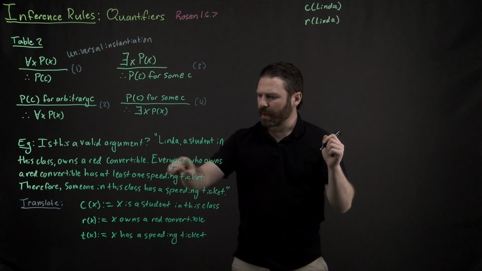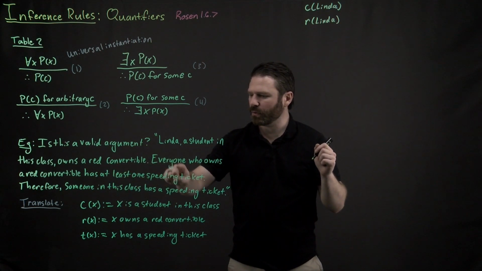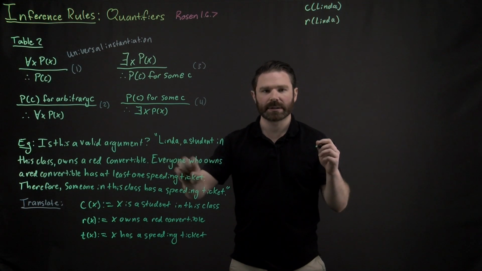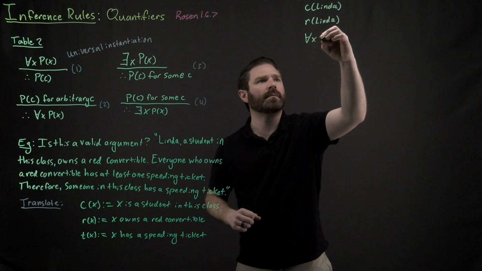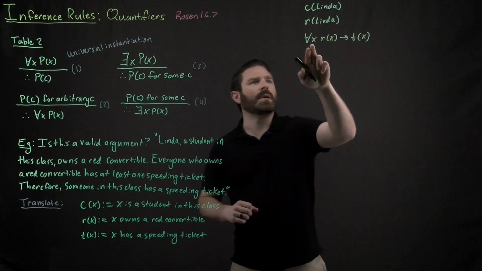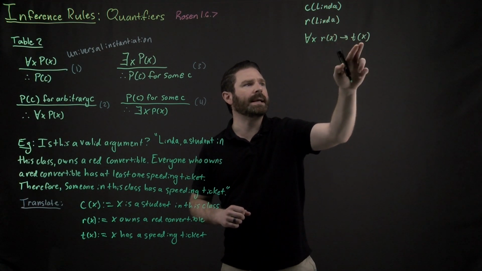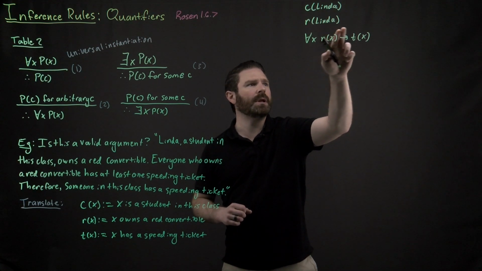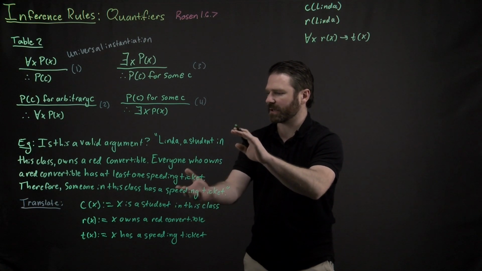And our last hypothesis: everyone who owns a red convertible has at least one speeding ticket. This involves quantifiers, and it is the claim that everyone who owns a red convertible gets at least one speeding ticket. So if you have a red convertible, then you get a speeding ticket. Those are the hypotheses of this argument.